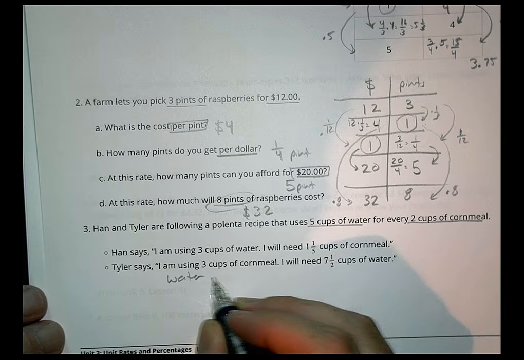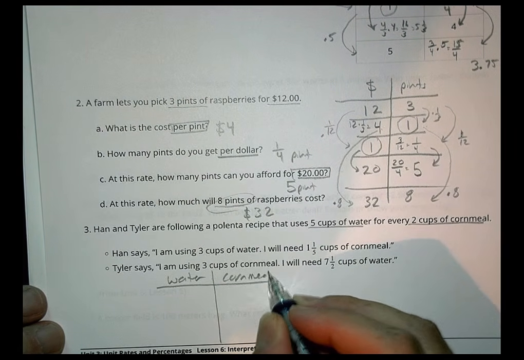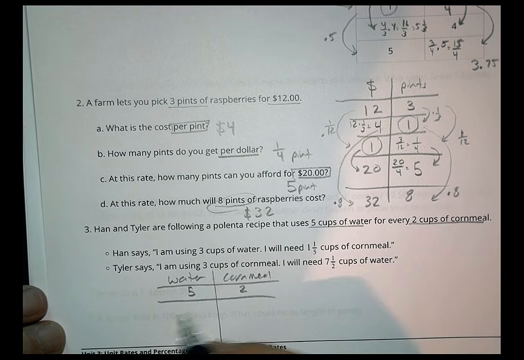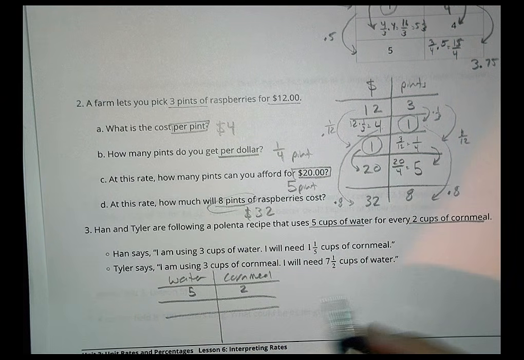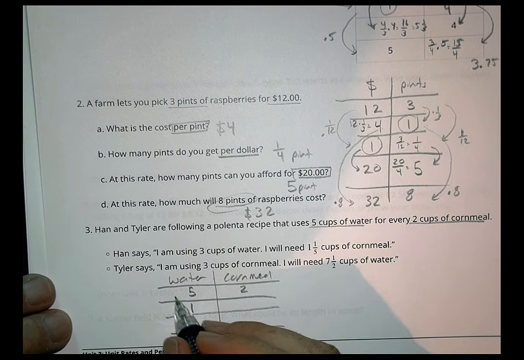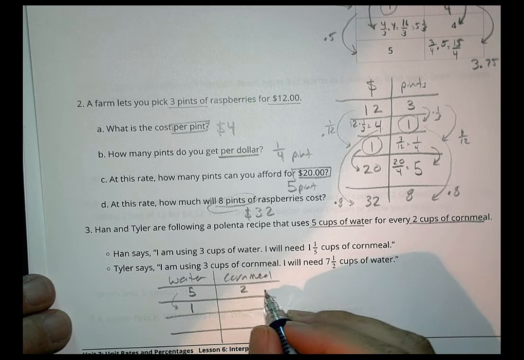So we have water, and we have cornmeal. We have 5 cups of water, we'll go with 2 cups of cornmeal. Right? So let's first of all find our unit rate. Let's find our unit rate for water. So 5 to 1 is going to be multiplied by 1/5, right?